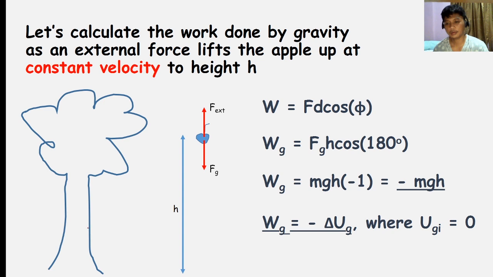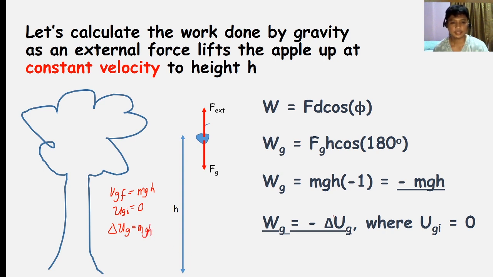So our UG final in this case, when the apple is above the Earth, is mgh. And our UG initial, when the object is on the ground, is 0. So our change in gravitational potential energy, UG final minus UG initial, is just equal to mgh.